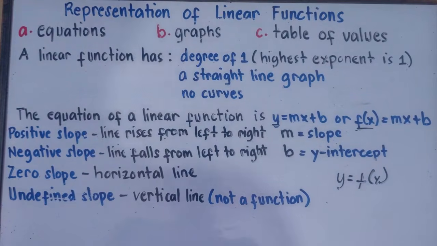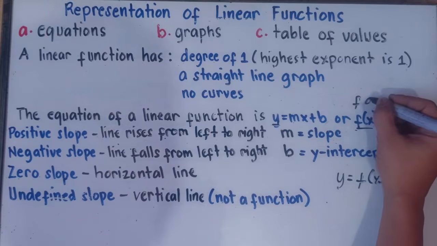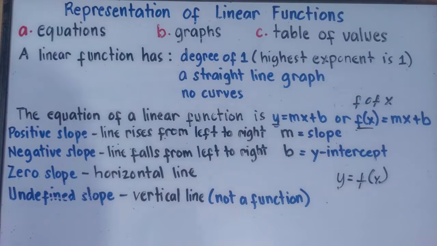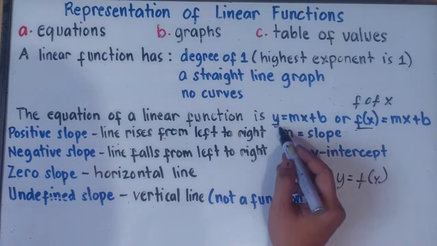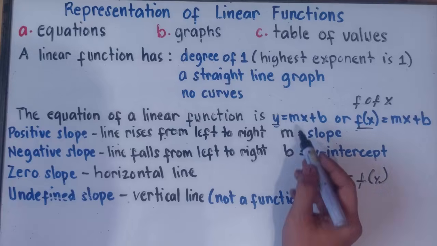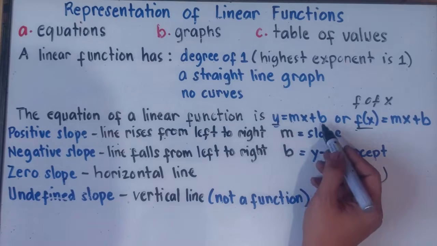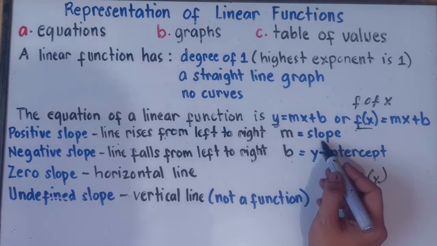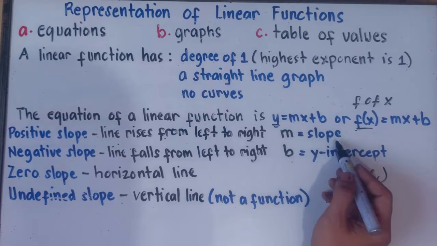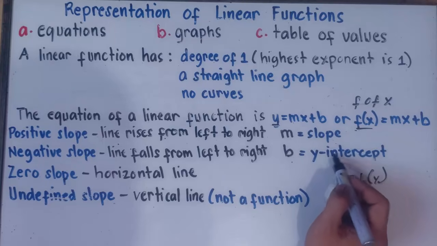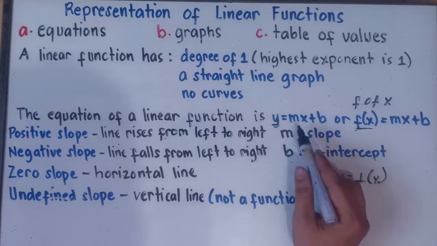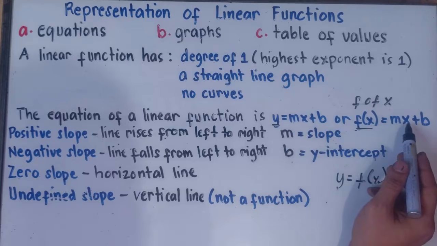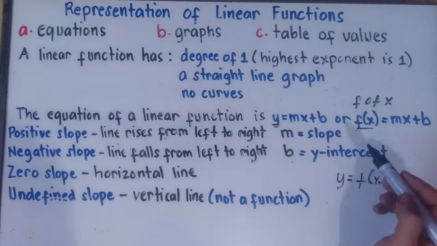So the equation of a linear function is y equals mx plus b, where m is the slope and b is the y-intercept. The slope is the steepness of a line. Or, reading it as f of x equals mx plus b, m is the slope and b is the y-intercept.